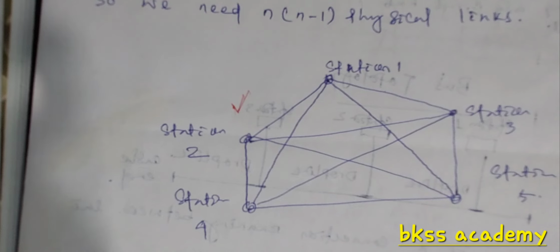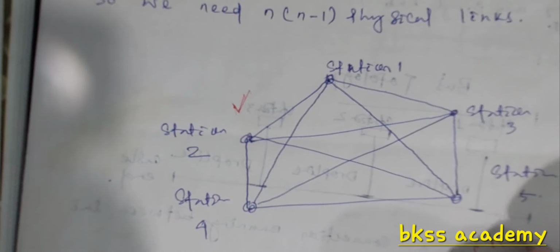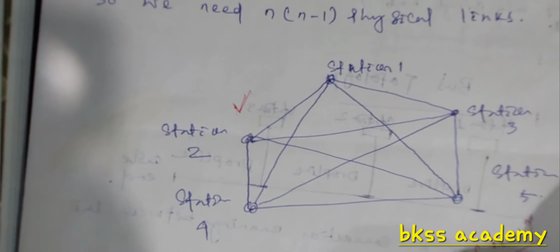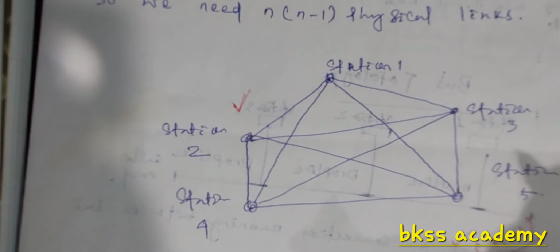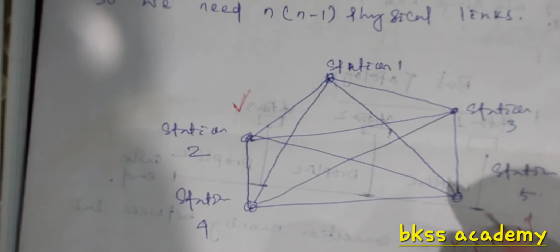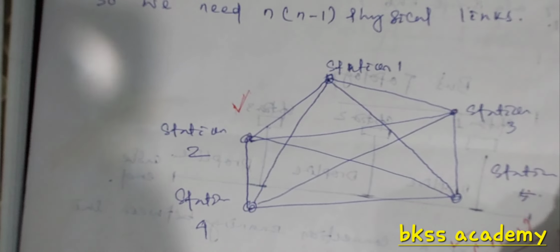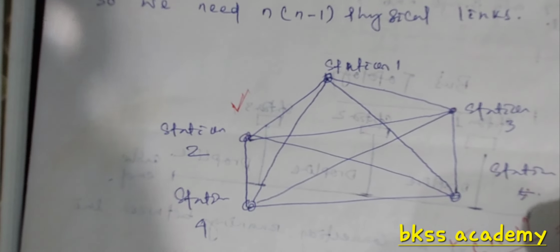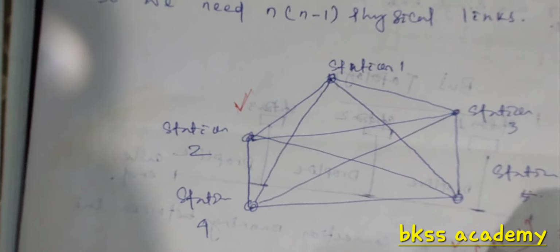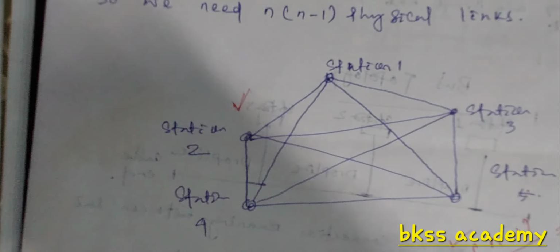The maximum number of connections is n into n minus 1 divided by 2, where n is the number of stations or nodes. Suppose 5 stations are there, so maximally 5 into 4 by 2 is equal to 10. Ten connections are there.